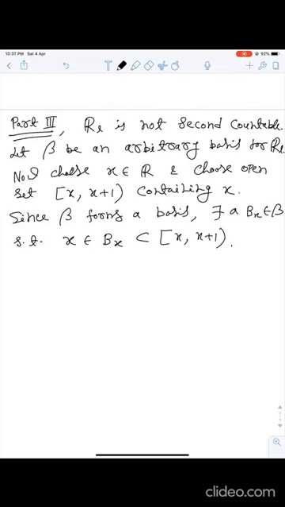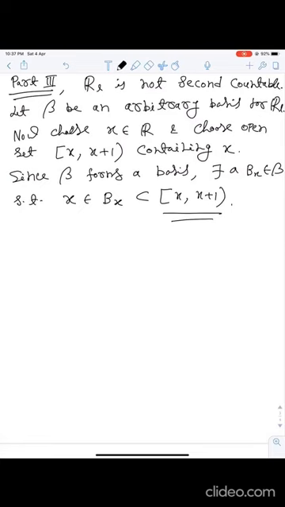Now it is easy to see that x belongs to this open set and the least element is x, right? And x belongs to b_x, which is a subset of this. That means the least element of b_x is nothing but x, right? Now then, if x not equal to y, then for x we get b_x, similarly for y we get b_y.